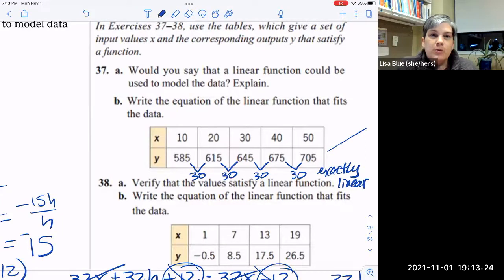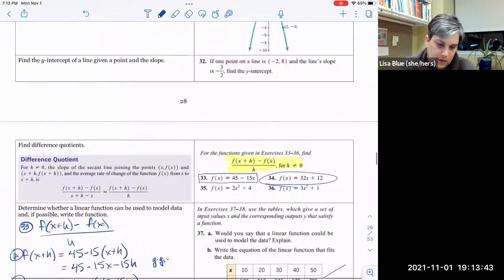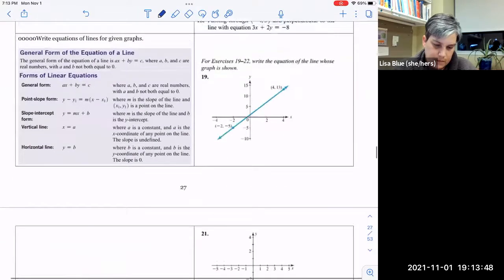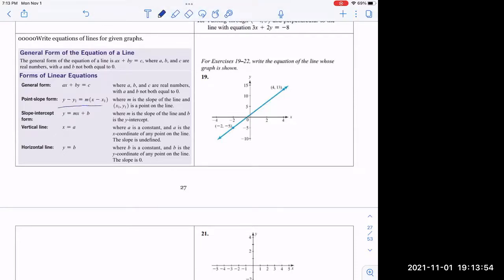And then if we want to write an equation of the linear function that fits the data, there are different equations for lines. We could use, let's see, y minus y1 equals, where'd it go? There we go. I'm thinking of the point slope form here. Oh, okay. All right.